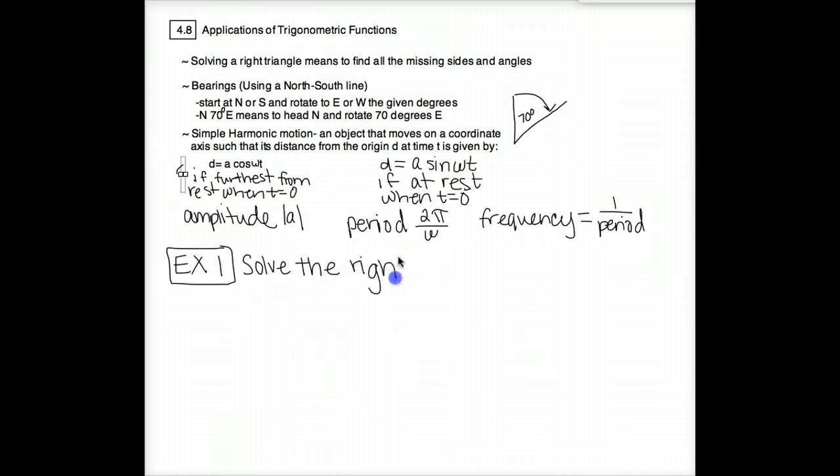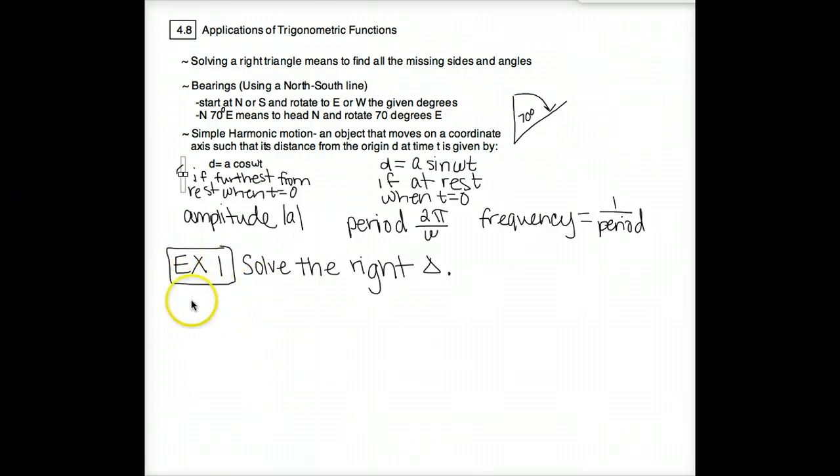So the first things that you're going to see are problems that ask you to solve the right triangle. And I do not know what is wrong with my thing. I'm trying all of the different ways I know to change the color, because I usually write some of it in one color and then my work in the other, but for some reason, it's telling me that I've changed my color to red, but then it's not actually writing in red.